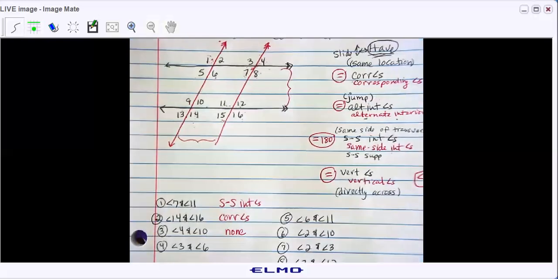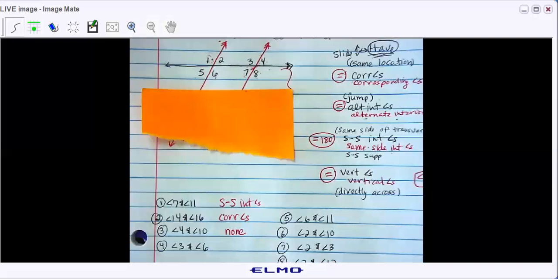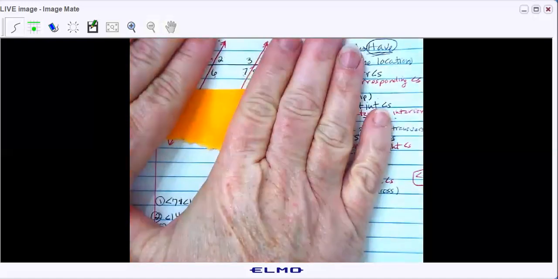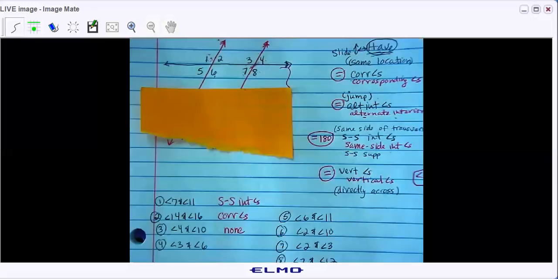Okay, angles 3 and 6. Okay. So if I cover this transversal up, I see both angle 3 and angle 6. And I notice that they are between the two parallel lines. So I know we're going to have an interior angle. If I'm going from angle 3 to angle 6, does it jump over the transversal or is it on the same side?